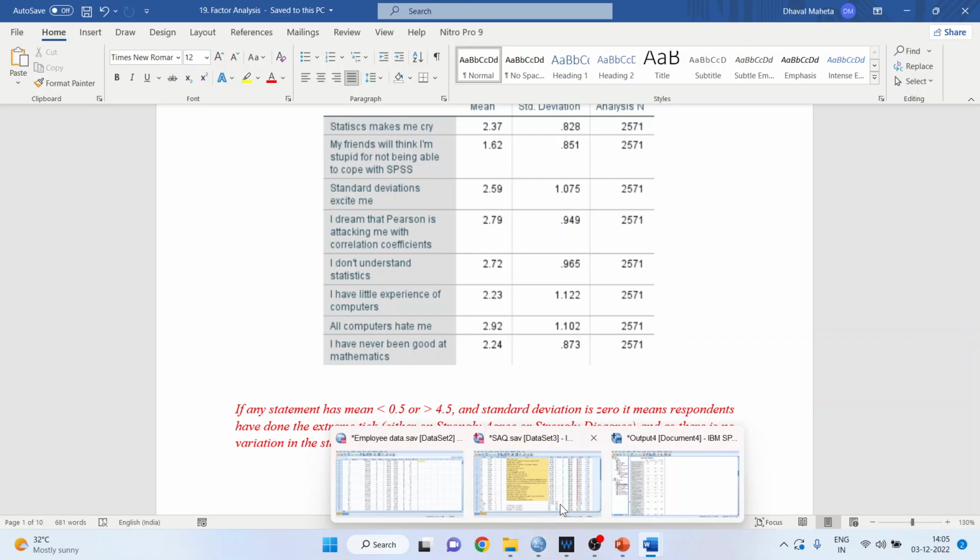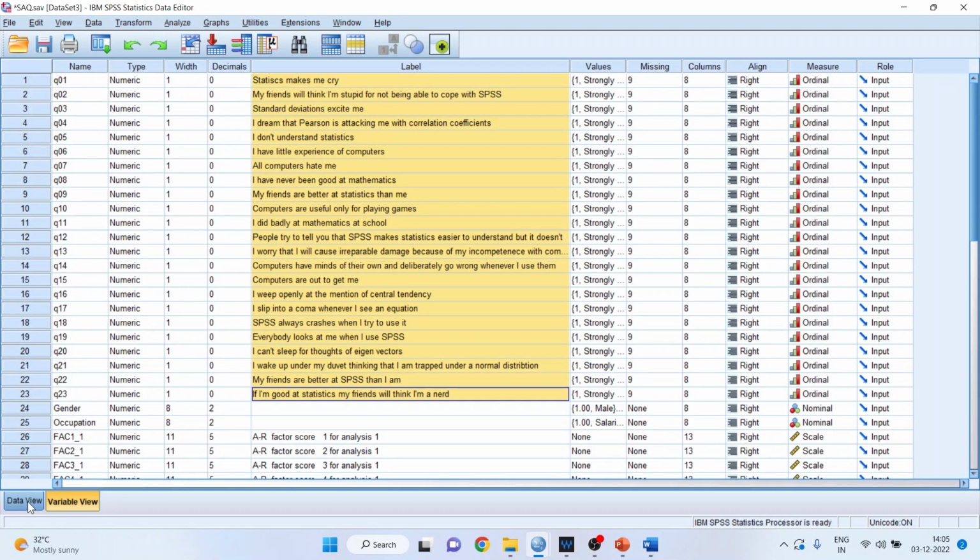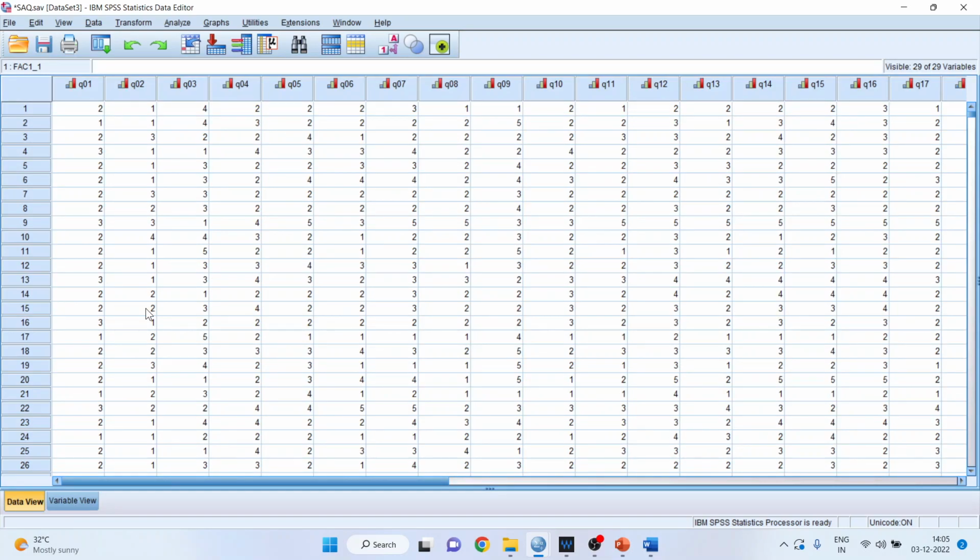Let us understand what the problem can arise. If any person has given all extreme ticks, like 5, 5, 5, in such a scenario the statement will have a mean above 4.5, or there can be extreme ticks like 1, 1, 1, and in that scenario your mean will be less than 0.5.